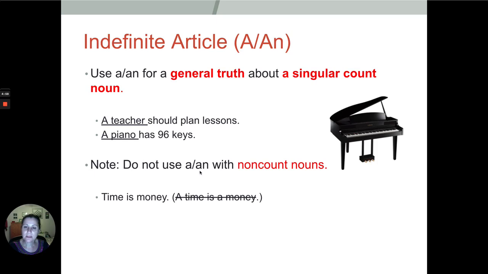Remember, we do not use a or an with non-count nouns, like "a time is money." We wouldn't say that because here, time, I'm talking about time in a general sense as a non-count noun. Or like rice. Rice is good for you, for example. So rice is a non-count noun, so I'm not going to use a or an.